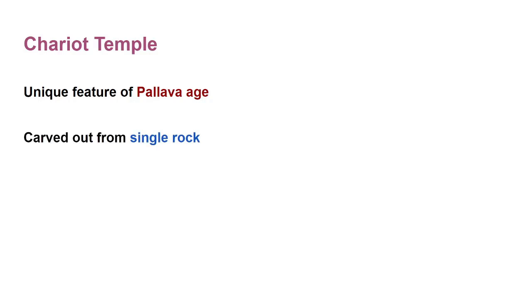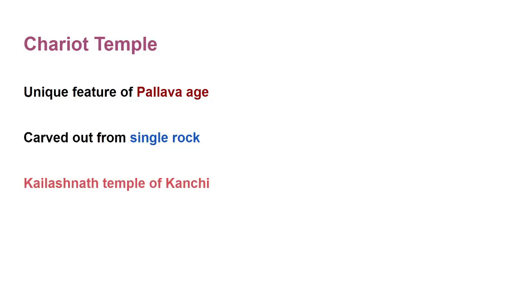A unique feature of the Pallava age can be seen in the famous Chariot temple of South India, which is carved out from a single rock. So Chariot temple is the unique feature of Pallava dynasty. If you remember, we talked about Pallava dynasty in the previous standard. So this Chariot temple was built from a single rock.